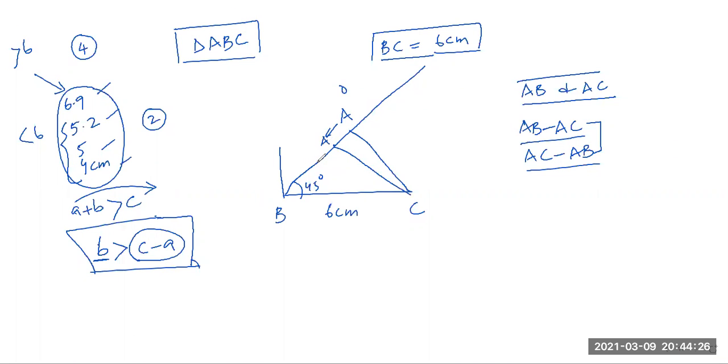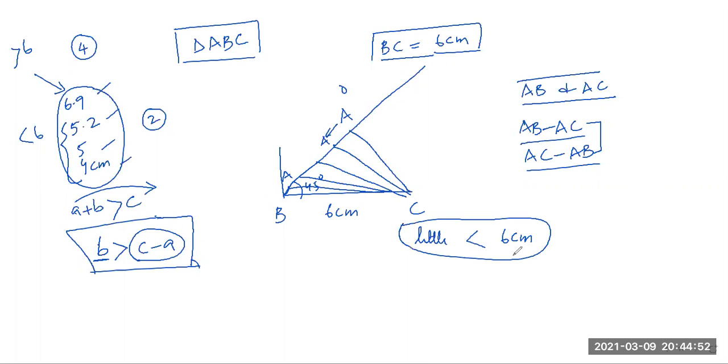The difference will increase, again and again. The maximum difference of AC minus AB would be a little less than 6 centimeter. Then the triangle is possible.